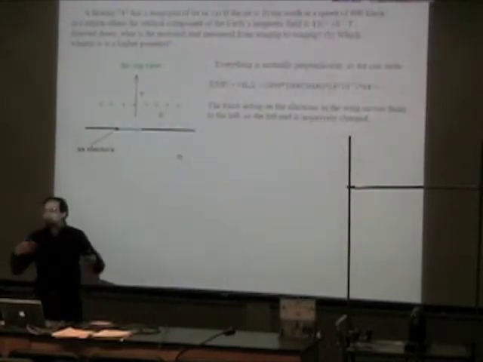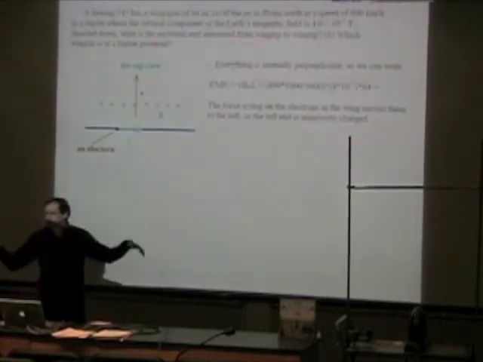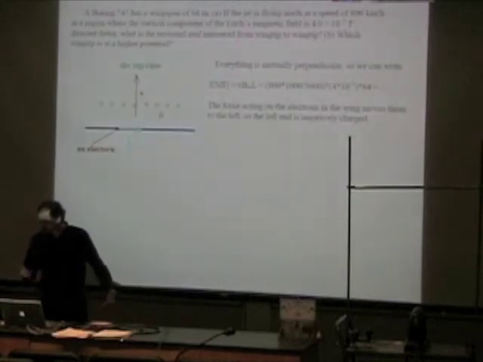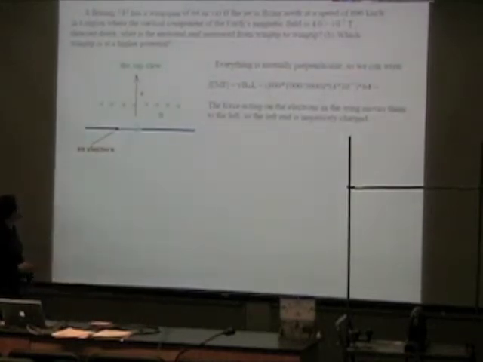And you saw and did this problem when doing the precession quiz. It's a Boeing 747 flying, and here we can calculate the potential difference across the ends of the wing.